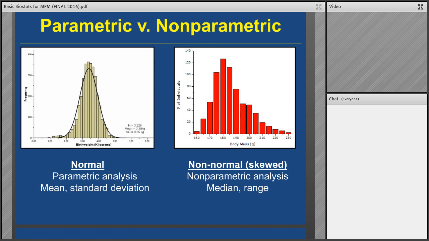So again, parametric versus non-parametric. We have normally distributed on the left. We would apply parametric analysis, and we would use mean and standard deviation. Versus on the right, we have non-normally distributed data.